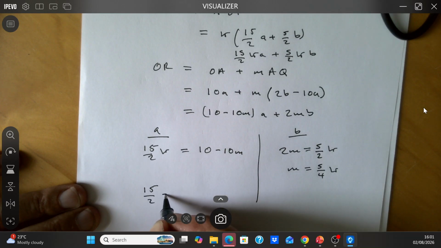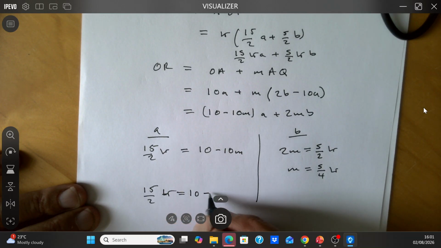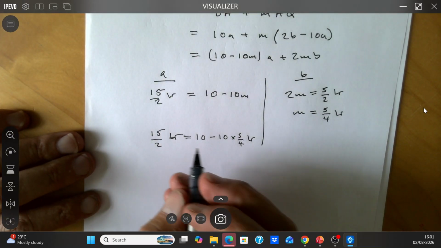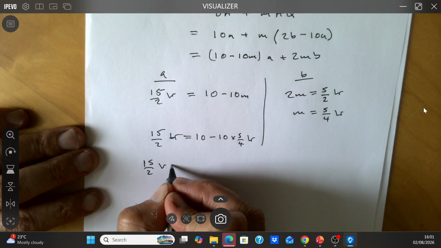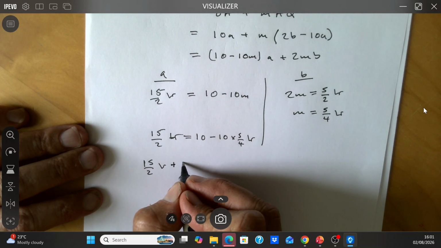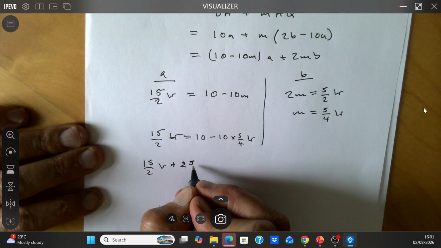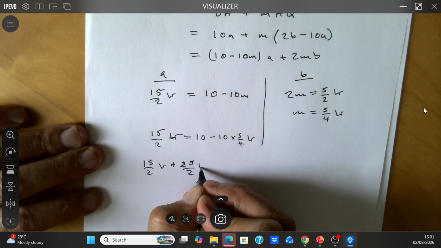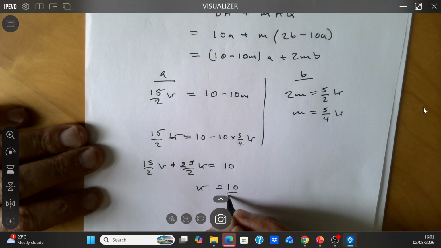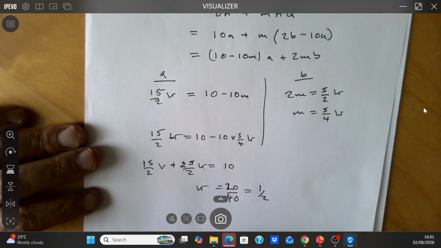So I've got 15 over 2k equals 10 minus 10 times 5 over 4k. So 15 over 2k plus 25 over 2k equals 10. So k equals 10 over 20, oh sorry, 20 over 40, which is 1 over 2.